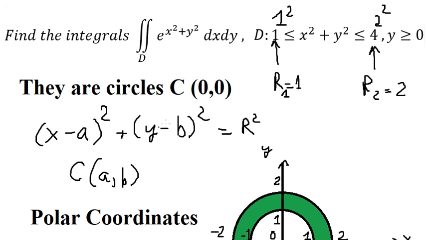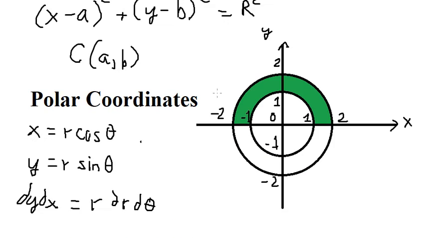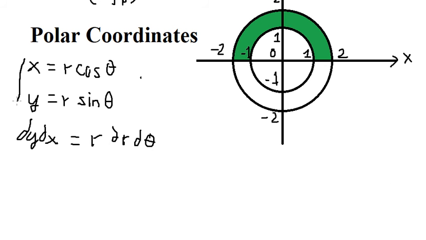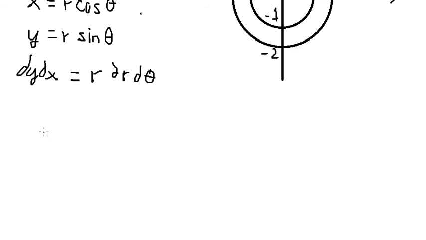Next, we have x squared plus y squared between 1 and 4. Now we need to change x and y into r cosine theta and r sine theta.